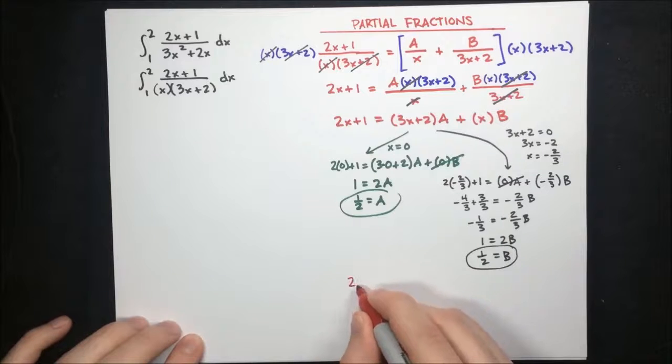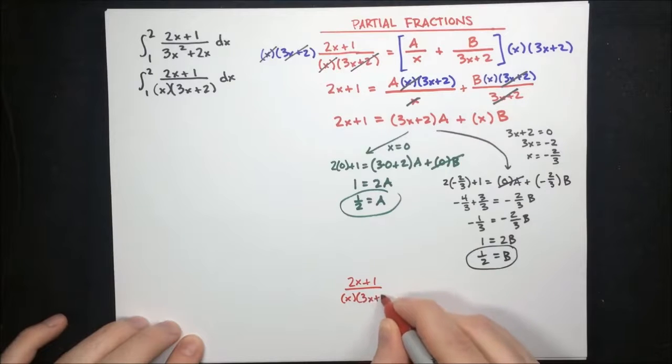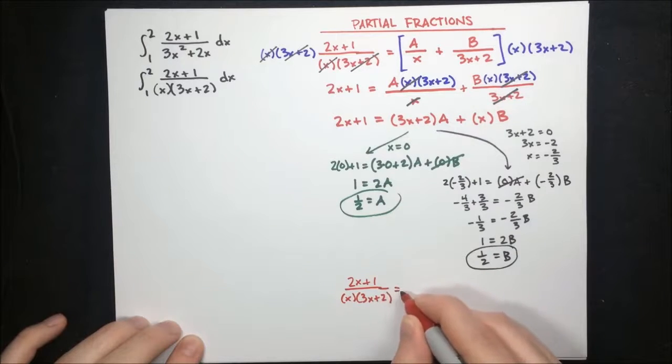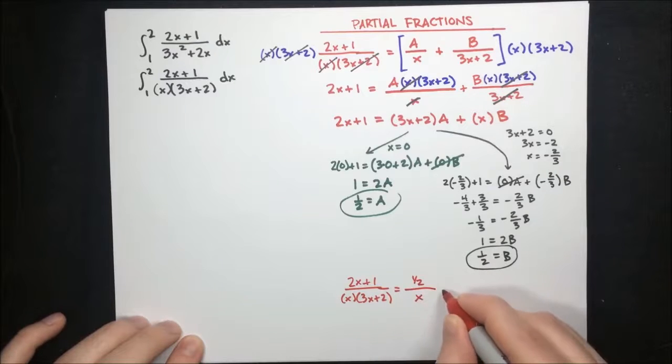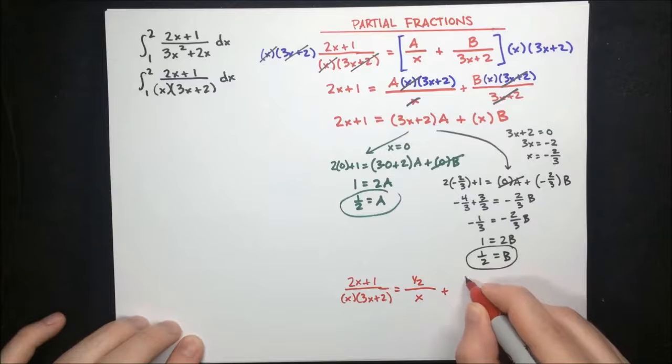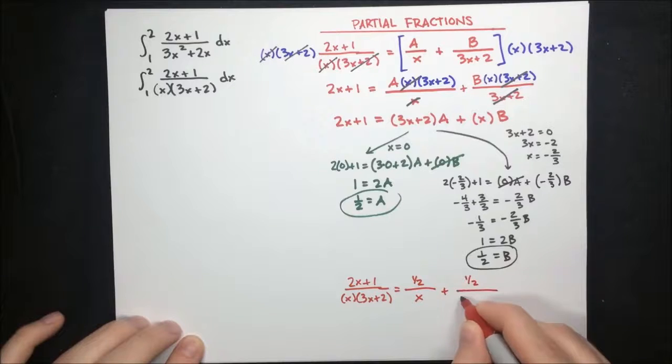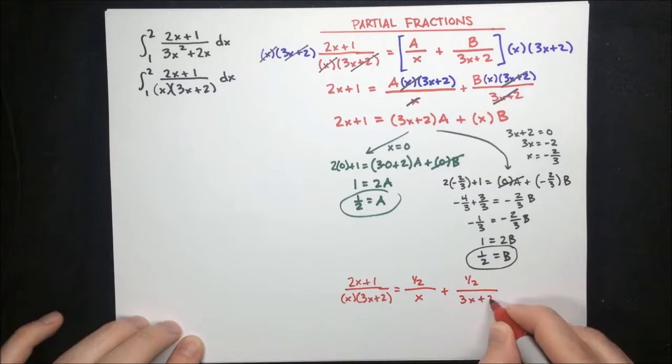Our expansion is 2x plus 1 over x times 3x plus 2 is equal to a, which is 1/2, over x, and then plus b, which is also 1/2, over 3x plus 2.